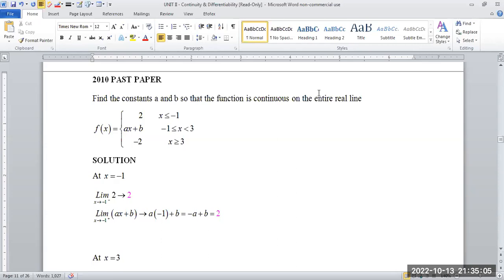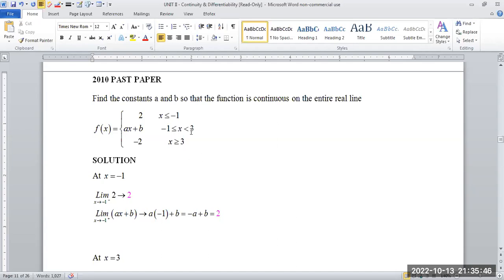It means that to the right of -1, ax plus b must also equal 2. So I substitute -1 for x. A times -1 is -a, plus b, and that is equal to 2. So this is my first equation.